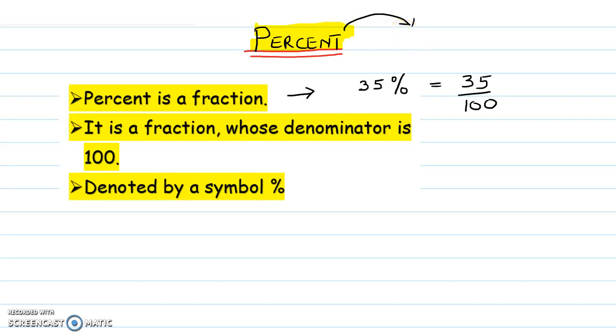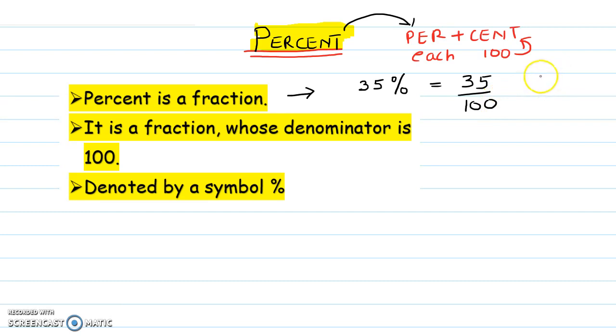If you break it into two parts, it becomes per and cent. Per means each, and $1 is 100 cent. That's why we say percent means per 100. So 35%, when we remove the percentage sign, is 35 over 100.